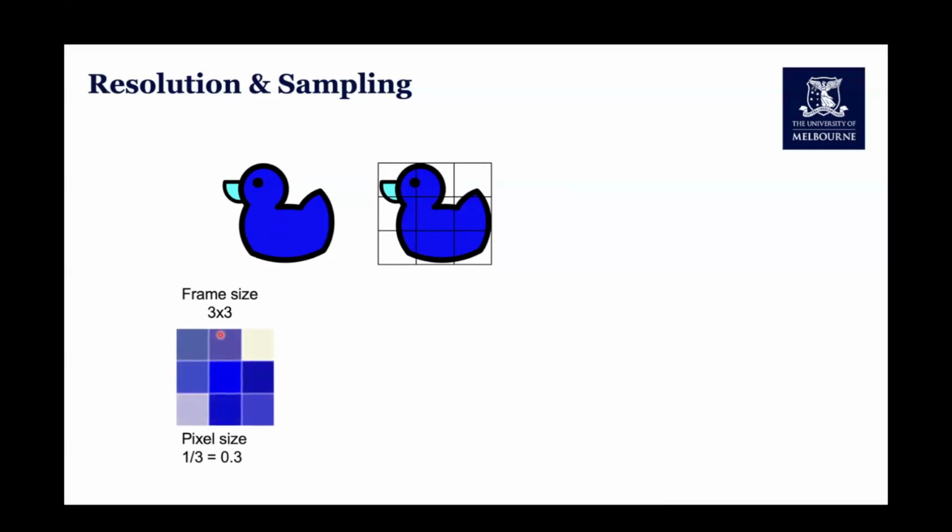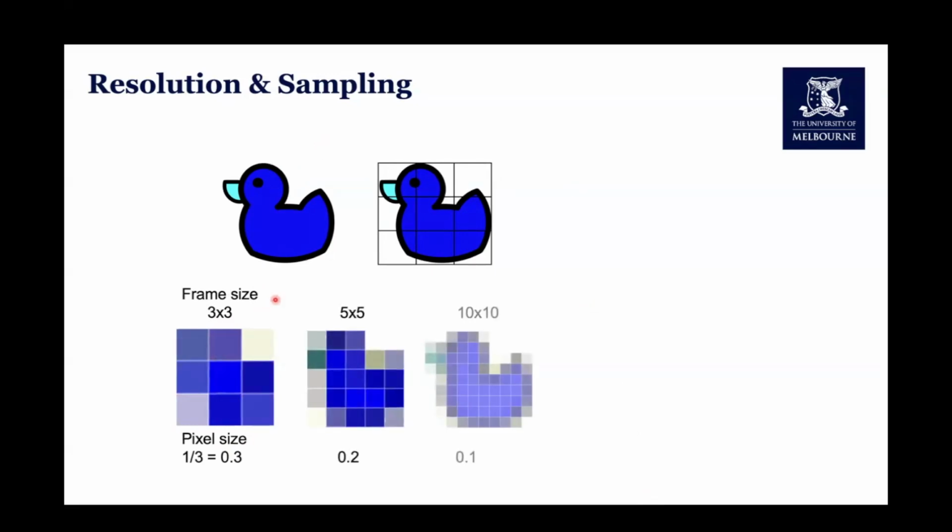How much do we need to break up the structure that we're interested in into pixels? If we do that 3 by 3 and we look at the image here, can we really say that we're certain that this is the representation of a blue duck? Probably not. By the time you get to 5 by 5, it's probably better. You're getting closer. By the time you're at 10 by 10, then you're probably happier.